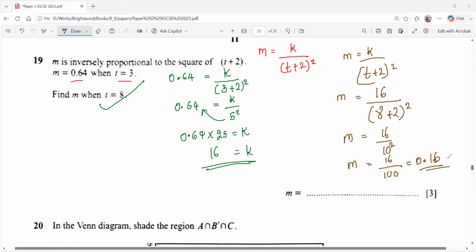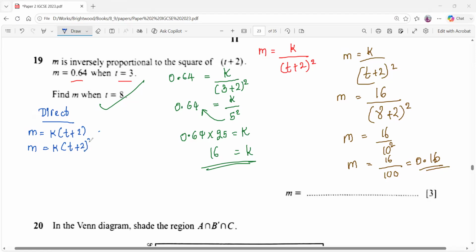Okay, so what is the rule? I will tell it again. If it is direct proportional, you can write m equals k times (t plus 2). If it is mentioned as direct proportional, it is k times (t plus 2).